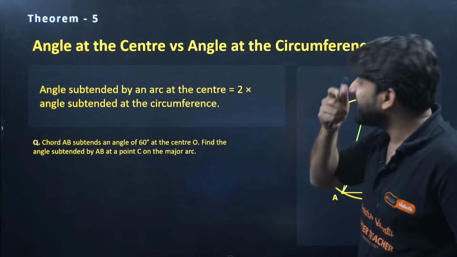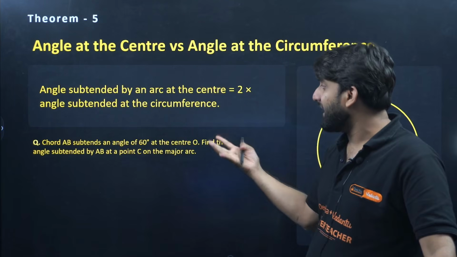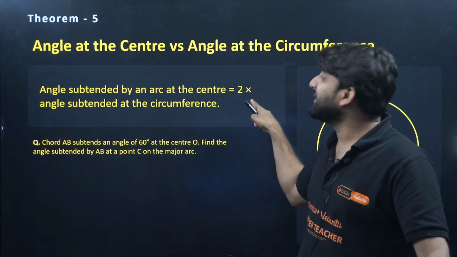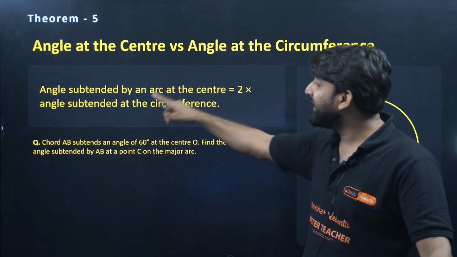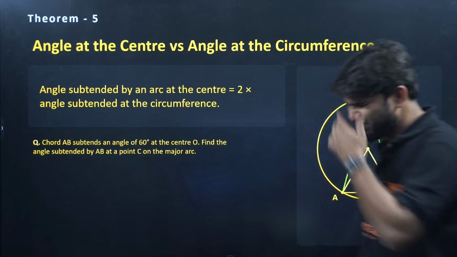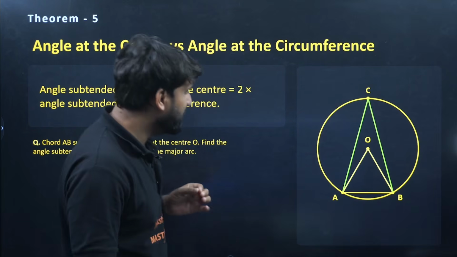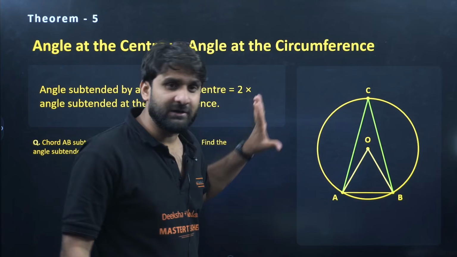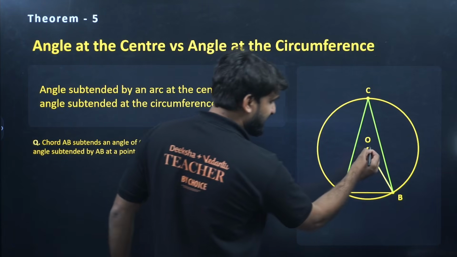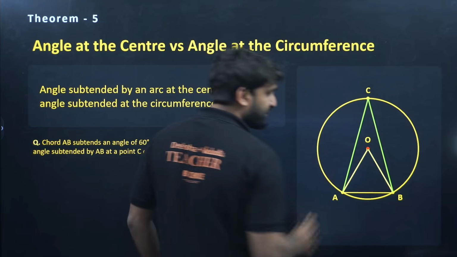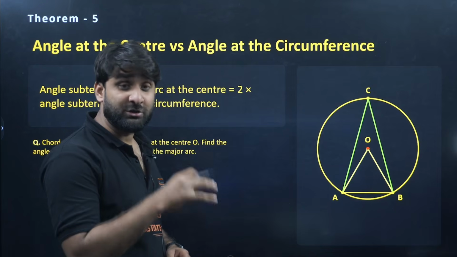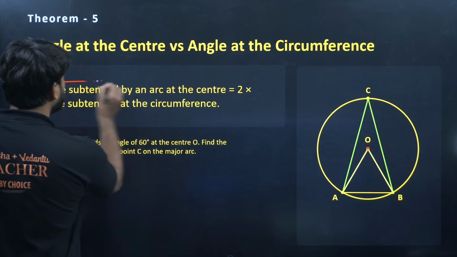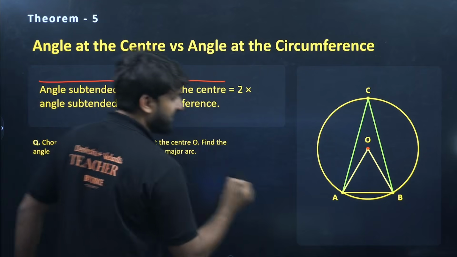So the theorem says that the angle subtended by an arc at the center is twice the angle subtended at the circumference. Let me explain this theorem for you. We have this circle and this is the center. The angle subtended by an arc at the center.